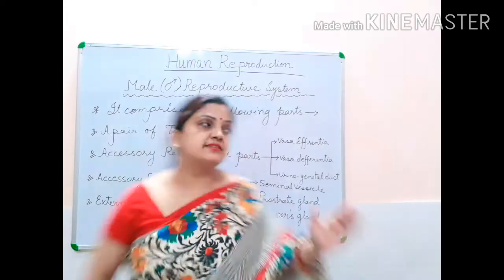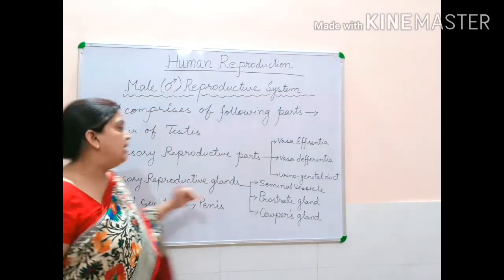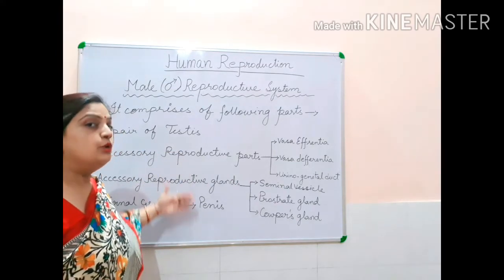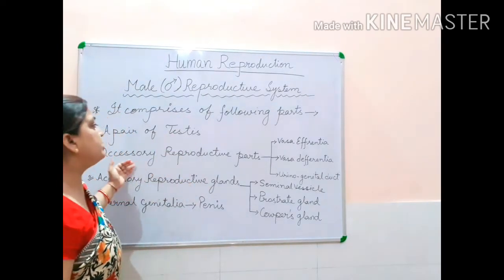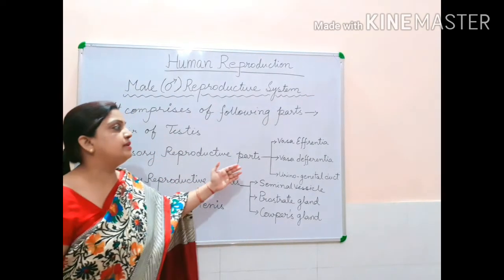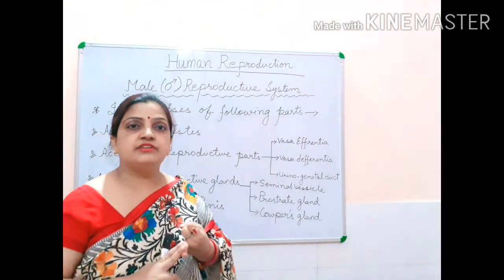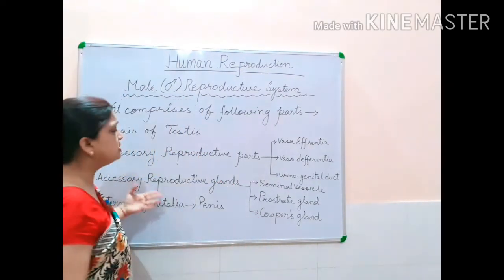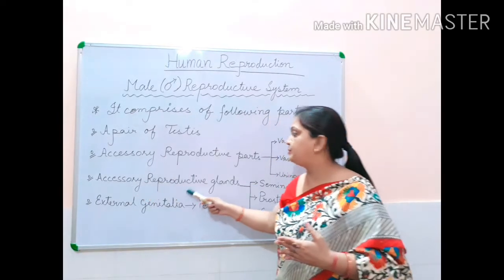So these accessory reproductive parts, accessory reproductive glands and external genitalia assist the testis. The accessory reproductive part is made up of vasa efferentia, vasa deferentia and urinogenital duct.